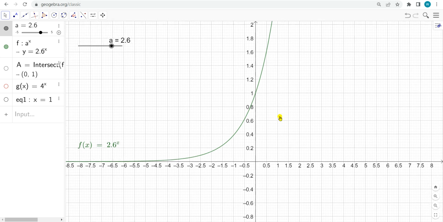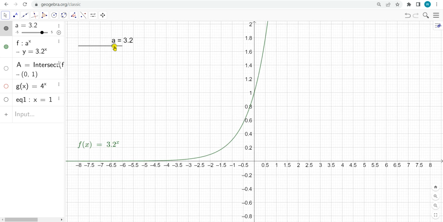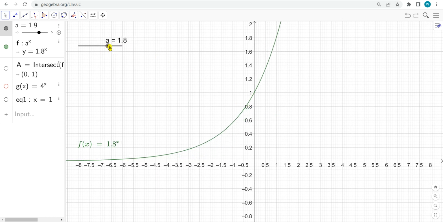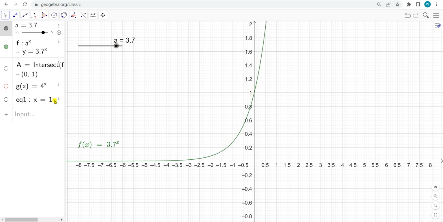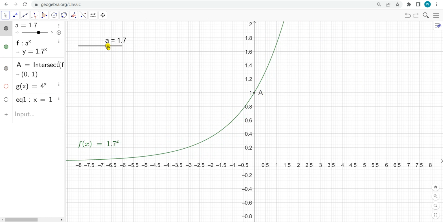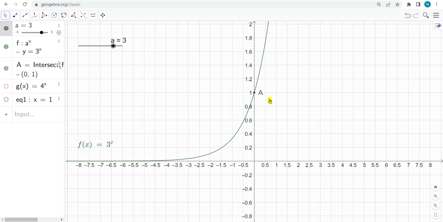So you can see that when the value of a changes, the graph will always pass through the same point, that is this one, (0, 1). Or you can say the exponential graph will always cut the y-axis at 1. Some of you may even say the y-intercept of this exponential graph is 1.